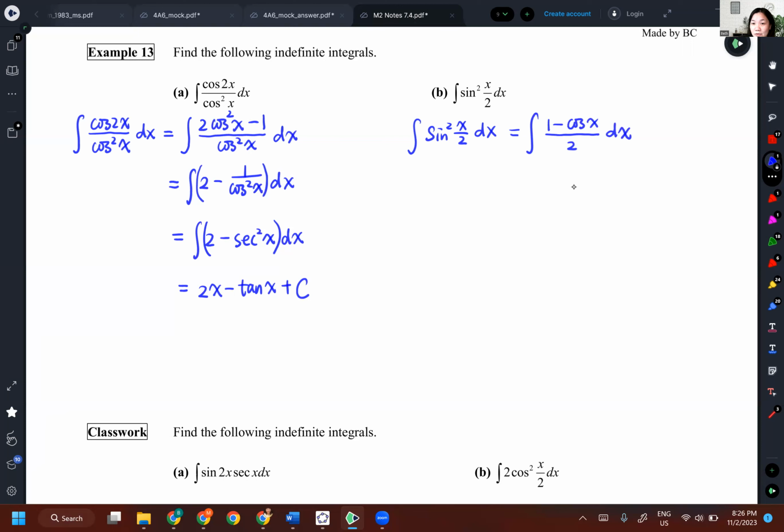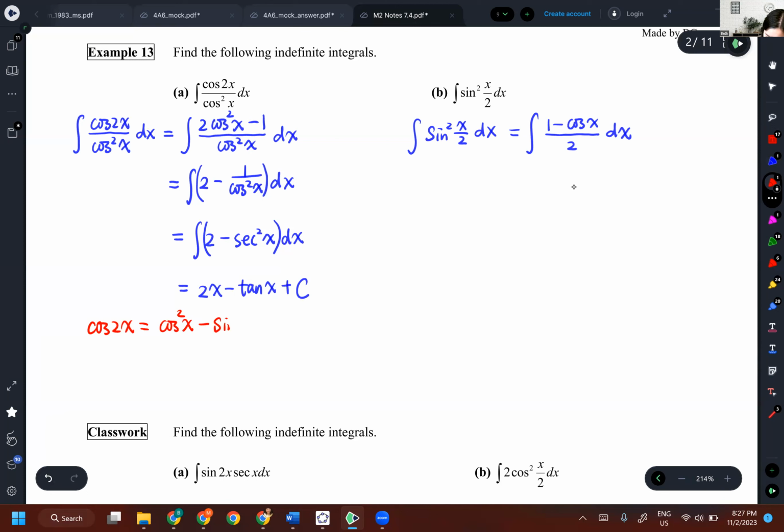Here I need to revise with you the double angle formula, the 3 forms, and 2 of the reverse ones. Let me write them down. Cosine 2x equals cosine squared minus sine squared, also equals 2 cosine squared minus 1, also equals 1 minus 2 sine squared.